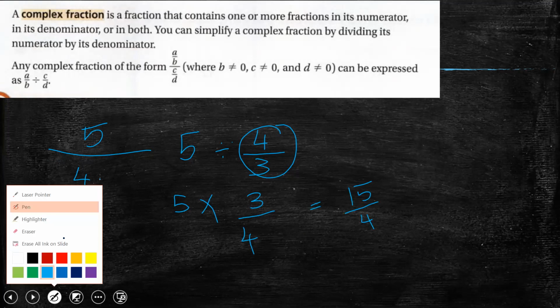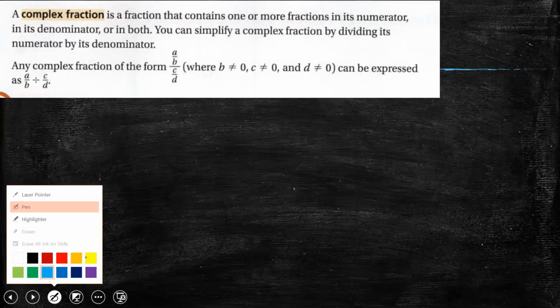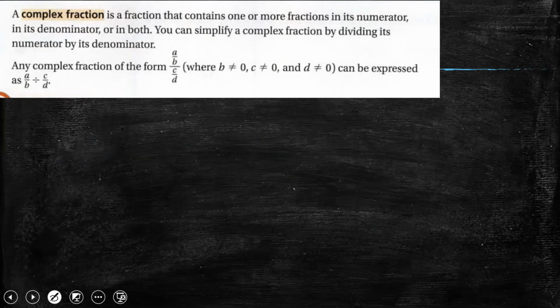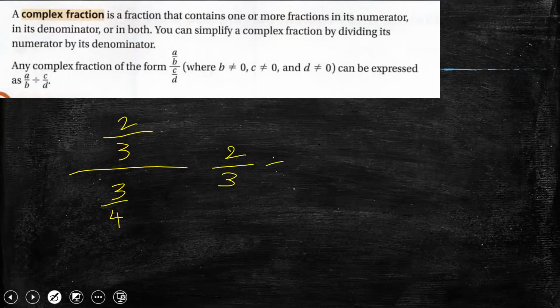And this is the important case: if you have 2/3 over 3/4 as an example, if you have a fraction over a fraction, then you can divide 2/3 by 3/4. Then 2/3 multiplied by the reciprocal, which is 4/3.